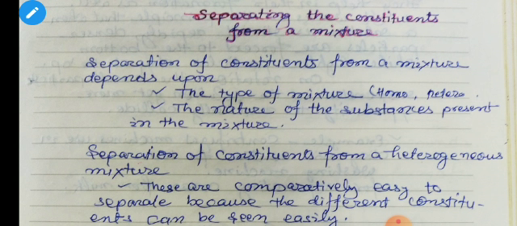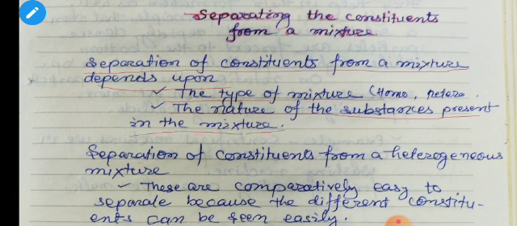So in general, the separation of constituents from a mixture depends upon two things. Number one, the type of mixture, whether the mixture is homogeneous or heterogeneous, and the second factor is the nature of the substance present in the mixture.